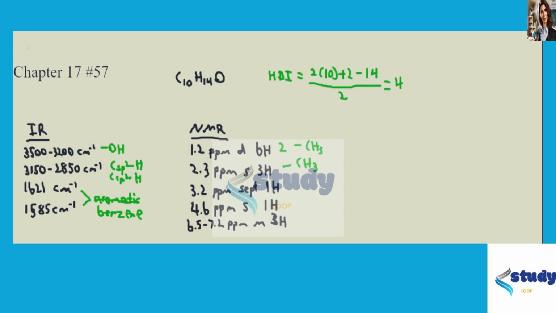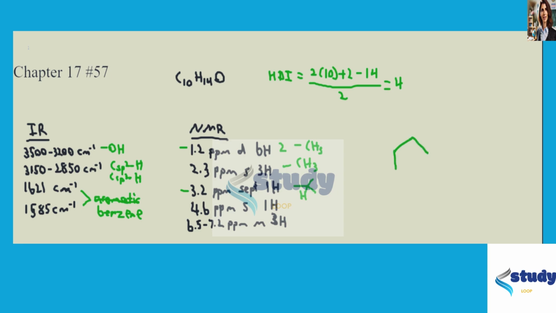Then 3.2 ppm, a septet with an integration of 1. If we look at signals 1 and 3 here, they're splitting each other, and that tells me that we have an isopropyl group. Okay, and so we can start putting this all together.